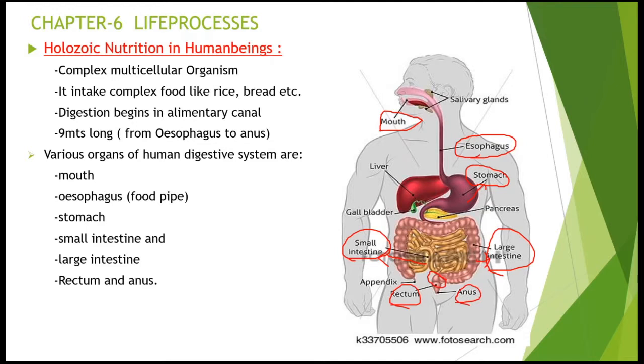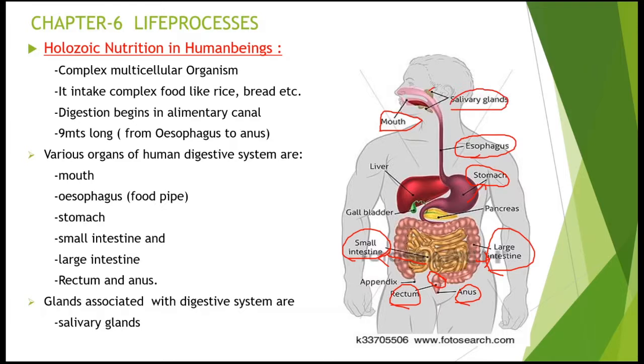Along with the various organs involved in the human digestive system, some glands are also associated with digestion. Those glands are the salivary glands. There are three types of salivary glands. In the picture I am showing the salivary glands: this is one type, this is the second one, and this is the third one.